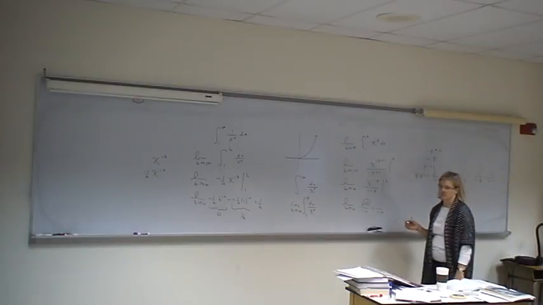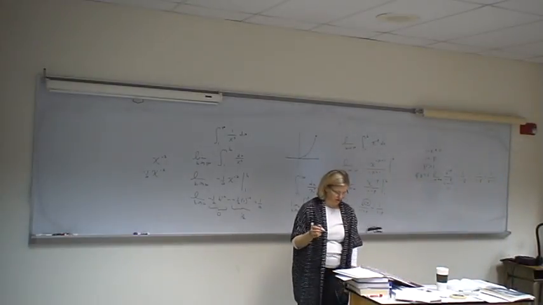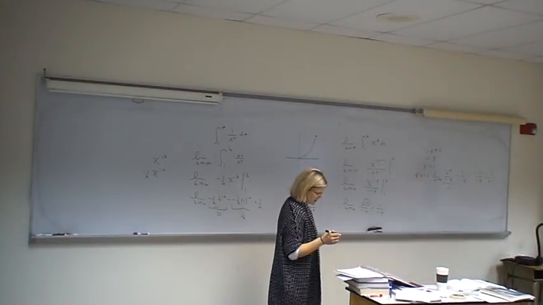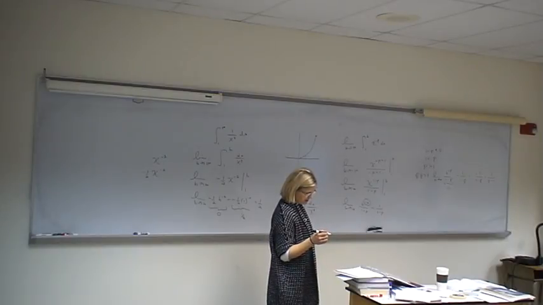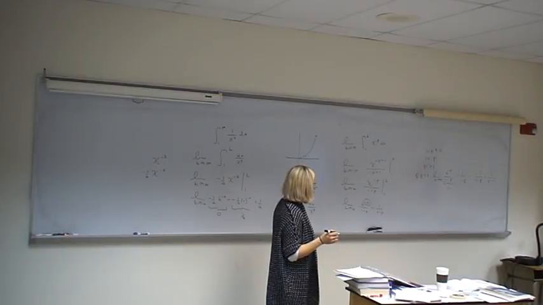Okay, so that will converge to 1 over, wait a second, why do I have 1 minus p? Did I forget a negative sign?